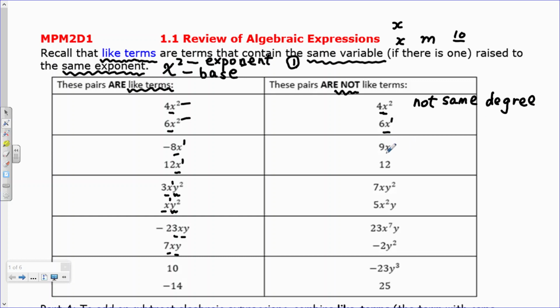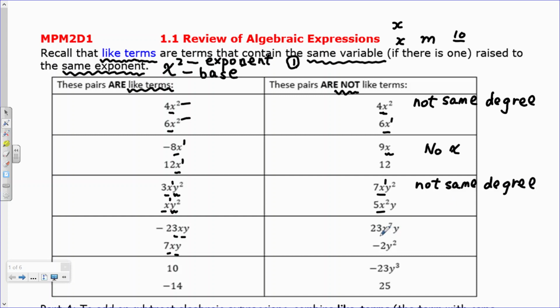And another one has variable x, another one no x. So this one no x, not the same variable. This one x, one is degree 1, another one is 2, so not the same degrees. They need to have the same degree for the same variable.